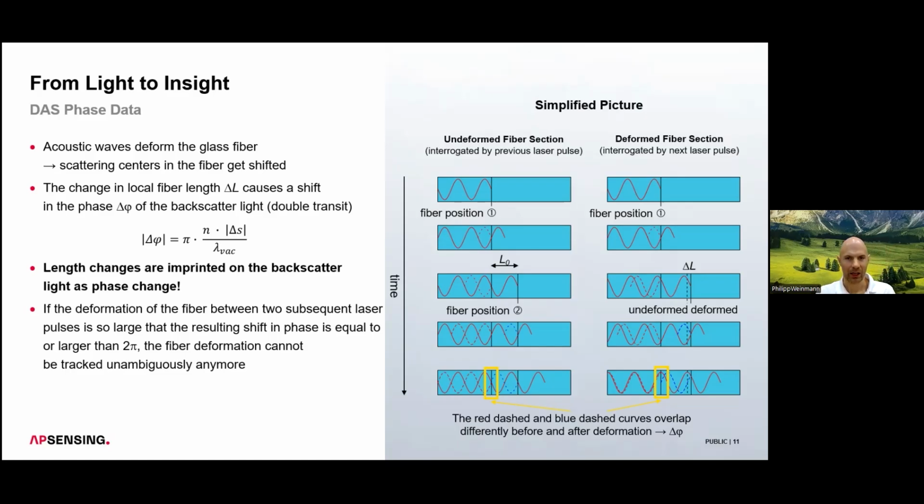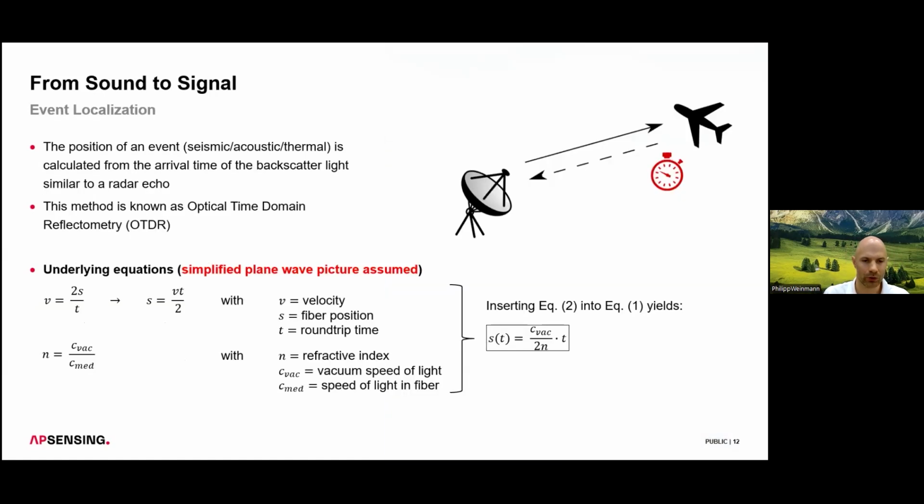Okay, I want to make one clarification at this point. I told you that I am using here a simplified picture by assuming a plane wave. Yesterday, I showed you this slide where I was talking about event localization. And I was giving you the two equations for speed and for the refractive index. You need to insert these equations into each other, and then you get the equation on the right side.